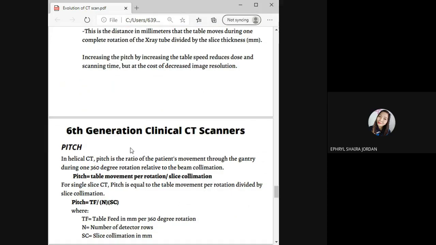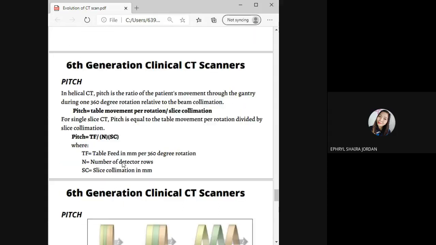So, in helical CT, yun ang sabi, ang ratio ng patient's movement through the gantry during one 360-degree rotation relative to the beam collimation. So, this is the formula for pitch. Sa helical CT ito. Pitch is equivalent to table movement per rotation divided by slice collimation. So, for single slice CT, ito ang formula.